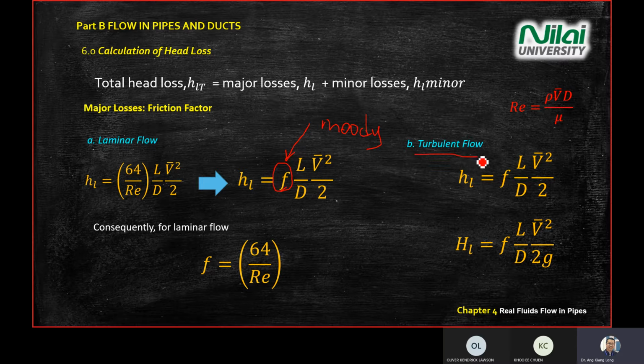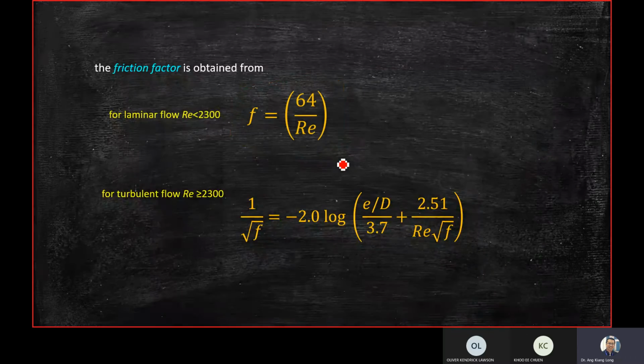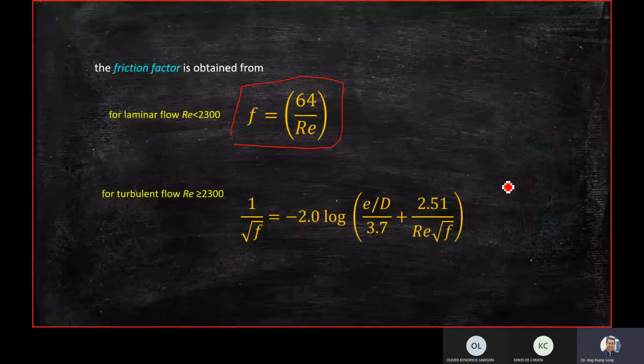So if it's a turbulent flow, then there's another equation to find the F. There are two methods to find the F for turbulent or laminar flow. One is through Moody chart, we call it graphical method. Second one, analytical method, which is the equation you see on the screen here.